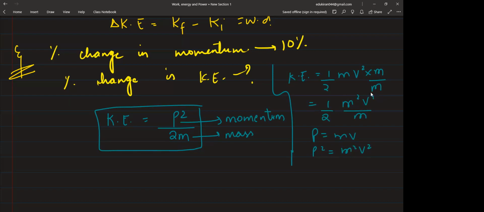So when you replace this term with the momentum p square, you get kinetic energy is equal to p square by 2m. So there is always a question where there's a percentage change in momentum and kinetic energy. Write it for those who are doing it for the first time, and those who have done it, tell me the answer for this.